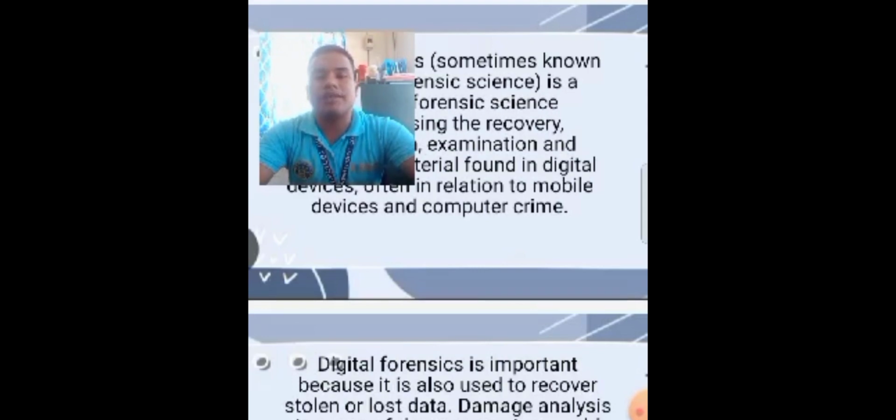Damage analysis is a part of the process in a world wherein the internet provides a cloak of anonymity. Digital forensics helps stop online harassment. All law enforcement agencies now have a cyber cell to deal with this crime.